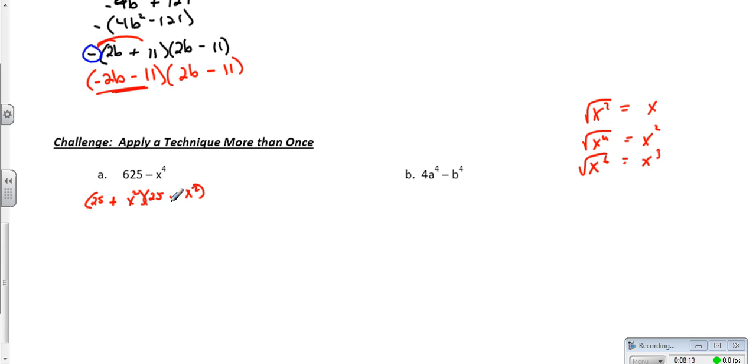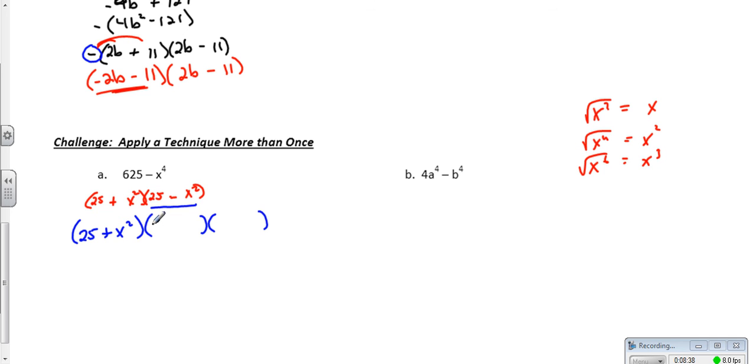Now, an interesting thing happens. We can factor if it's a difference of two squares. This one is a new difference of two squares. This one is an addition, so it's not a difference. It's a sum of two squares, so that is not factorable. So that one stays the same. But this next one is factorable.